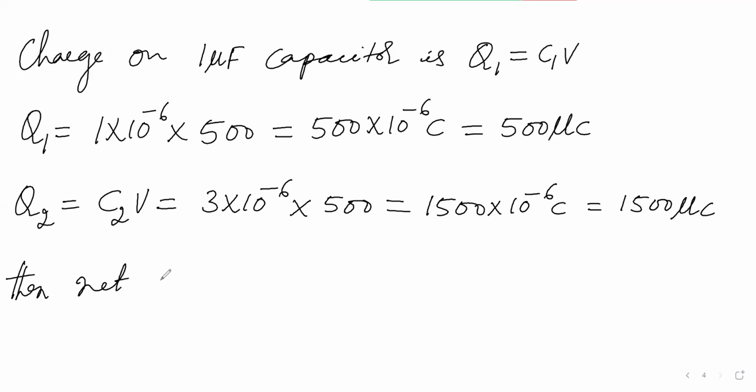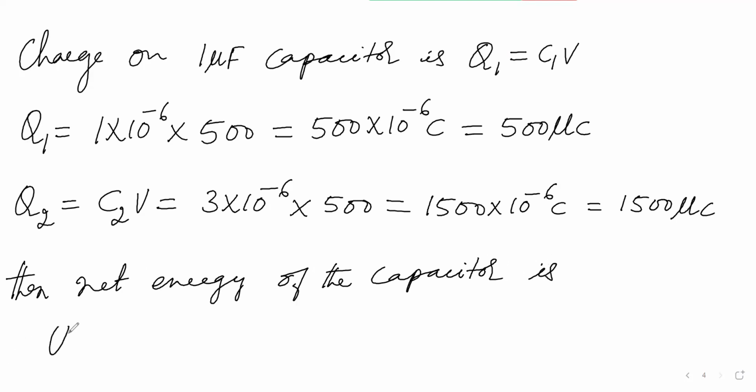Then the net energy of the capacitors before connecting is U equals 1 by 2 C1 V1 square plus 1 by 2 C2 V2 square. Now we'll substitute the values.